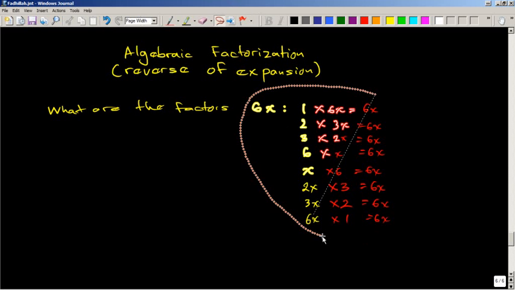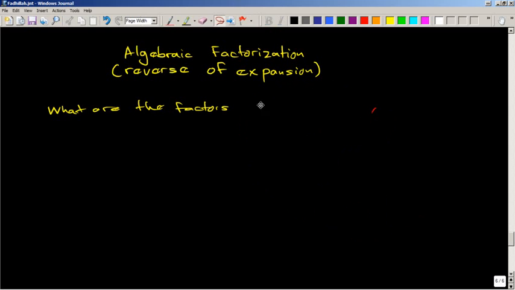Katakanlah something else. Let's say, what are the factors of 2x squared? So the factors can be 1, can be 2, can be x, can be 2x, right?